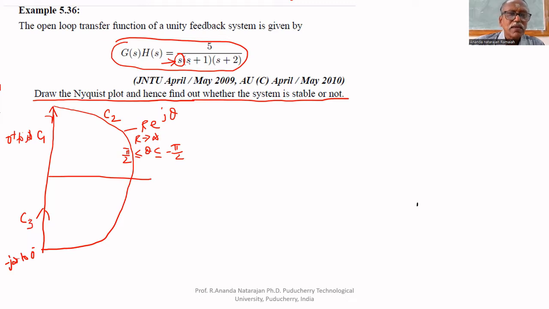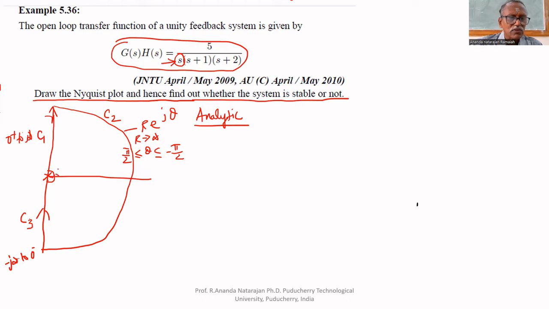In this sum, because of this s, there is 1 by s, which means a pole at the origin. That should be excluded because this Nyquist contour must be analytic. Analytic means it should not pass through any of the poles. That's why we have to exclude that pole. So draw a semicircle about that pole of radius epsilon.